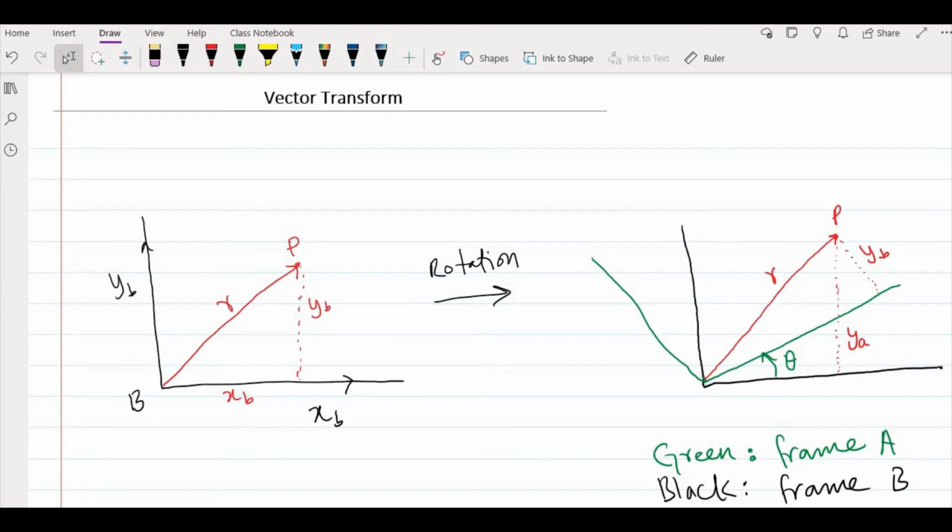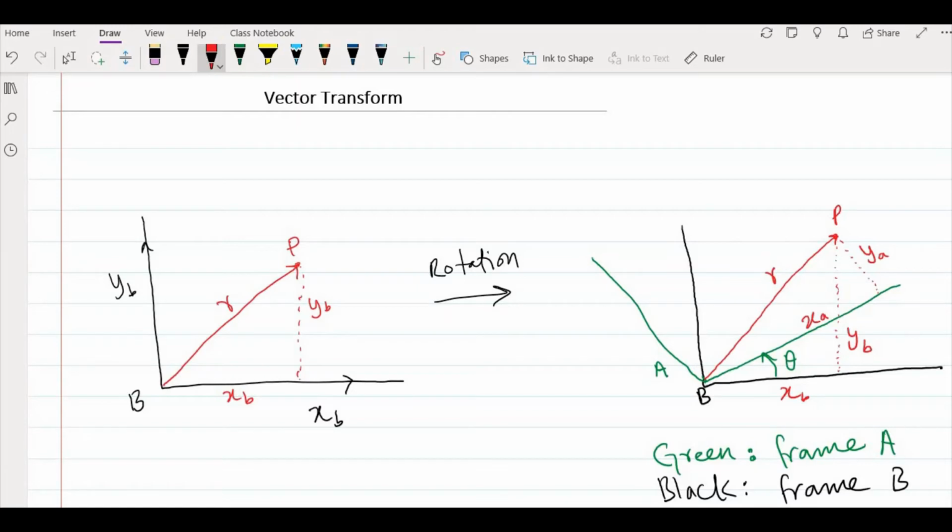So this was frame B, the black color one, and the green color was frame A. So this will be YA, and this other one will be YB, and similarly this will be XB, and this will be XA.